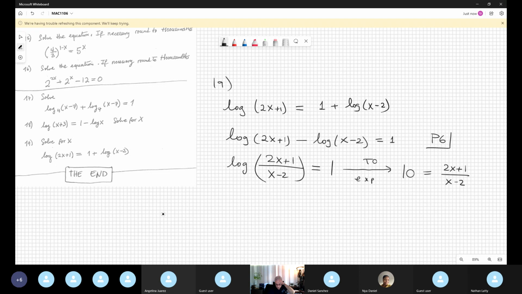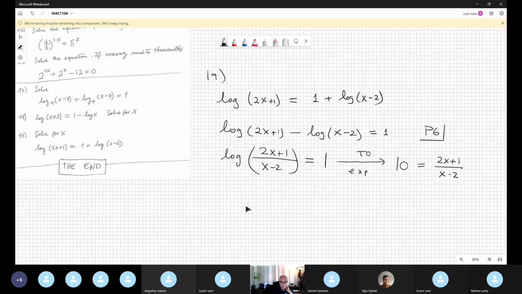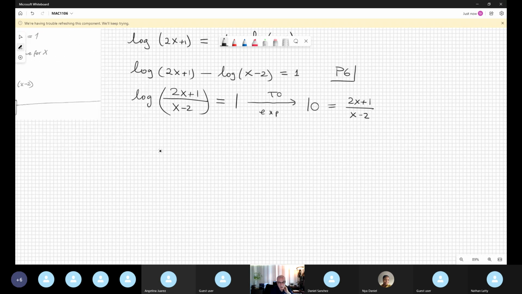So, I focus 100% on the solution for this equation, which is, in my opinion, no big deal. 2x plus 1 over x minus 2 equal 10. Okay, why not? Cross multiply. Multiply this and this, multiply this and this. This is 2x plus 1 times 1. 1 is invisible, multiplied by 10 times x minus 2.